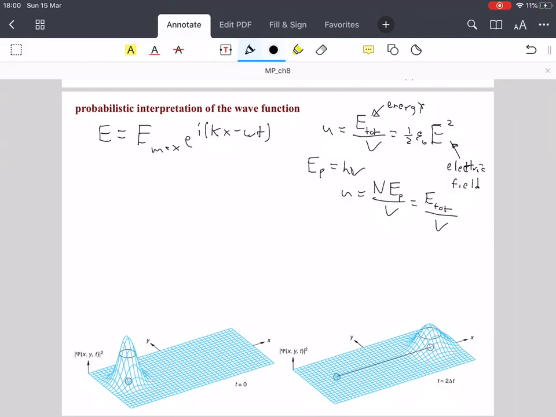So we can relate those two. Now, the final step is to think about what the probability of finding a particle is and how that's related to a number density.